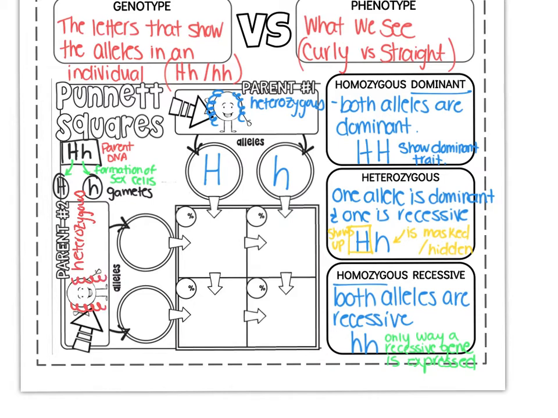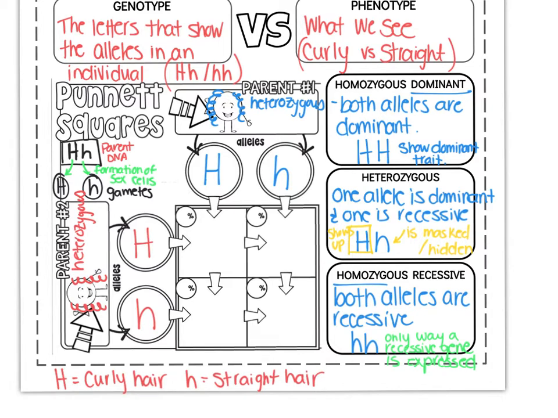This parent has big H and little h as well, where big H stands for curly hair. It's always good to note. And our little h stands for straight hair. So we've defined our variables here.